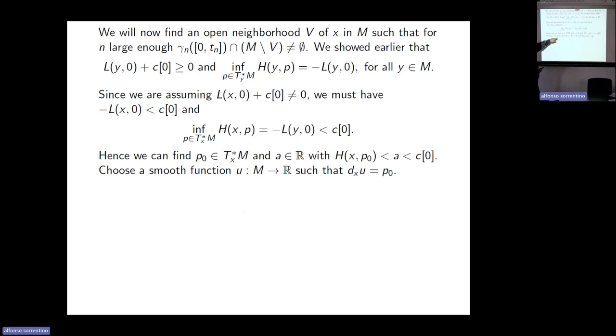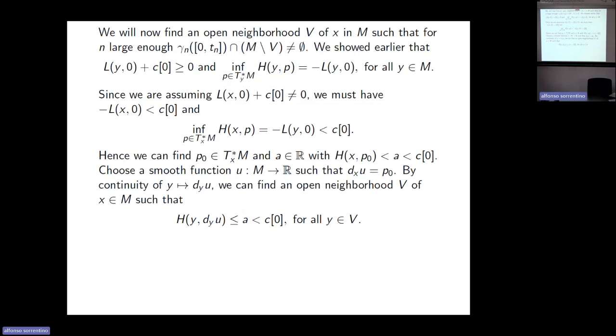So if the infimum is less than c0, I can find a p0 such that H(x, p0) is strictly less than c0, and I take an a strictly between them. Now, p0 is a covector at x, so I can always find a smooth function u, C infinity if I want, or at least C1, such that the derivative of u at x is p0.